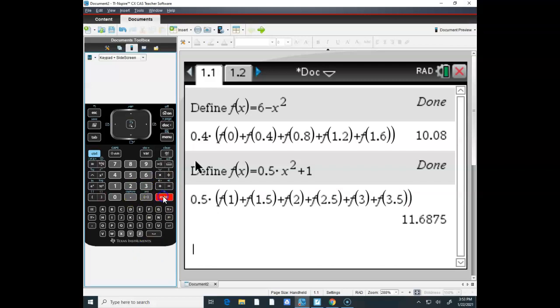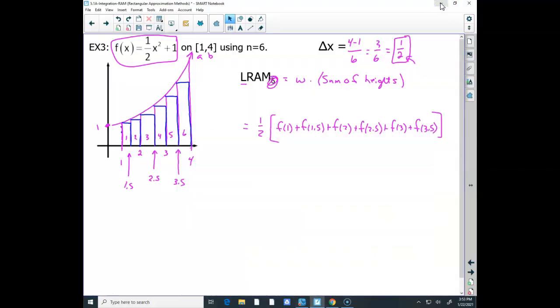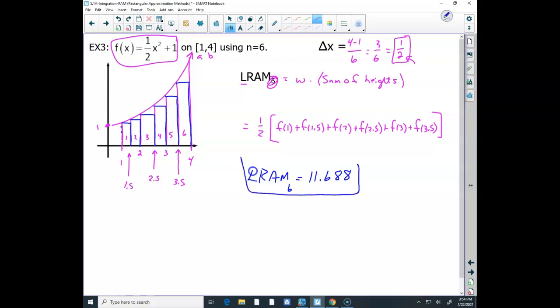And we hit enter, and we should come up with, remember, 3 decimal places, 11.688. And I'm not putting units on there because I don't know what my units are, because they didn't give me units for the x or the y-axis. It's the area. That is correct. If you want to call it units squared right now, that's basically what it is.